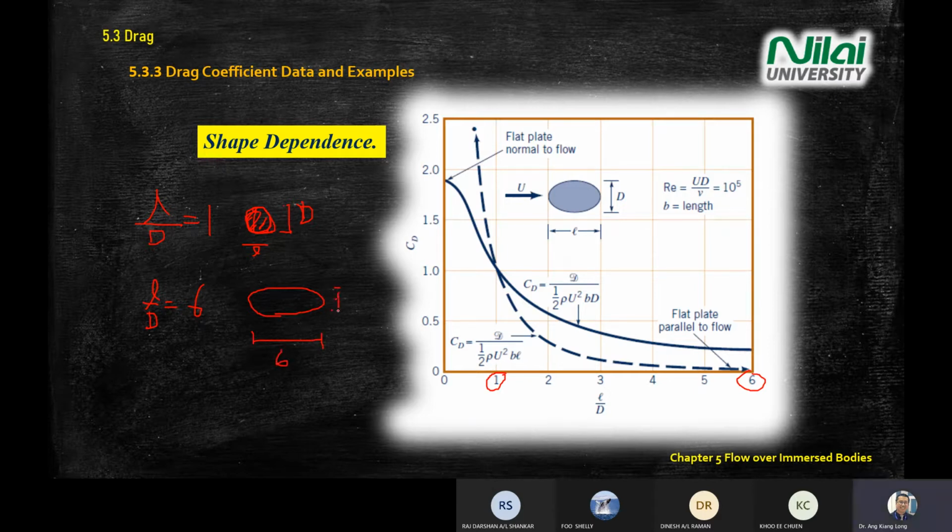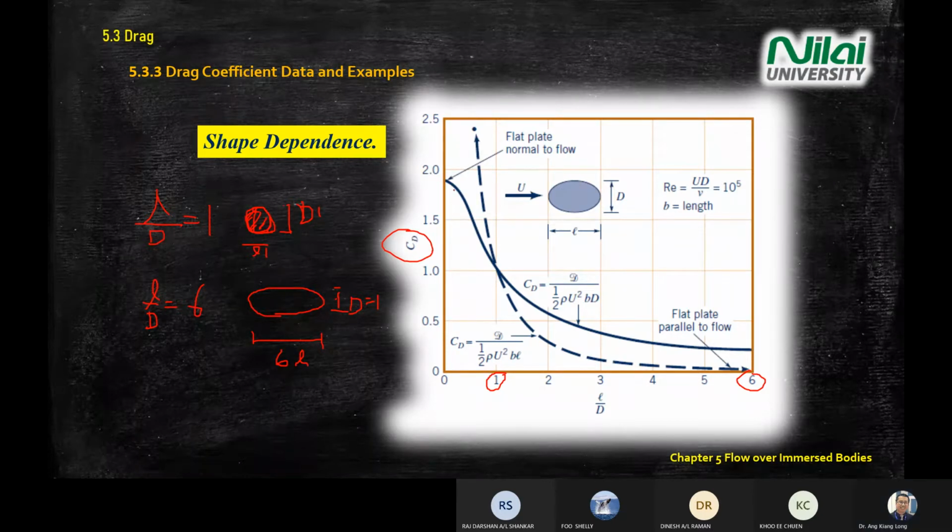This is D. Let's say D is 1, so you have 6L here. You maintain your D and then you move along this axis. So what happens if you have a longer object? You see what happened to your CD. Let's observe the numbers.